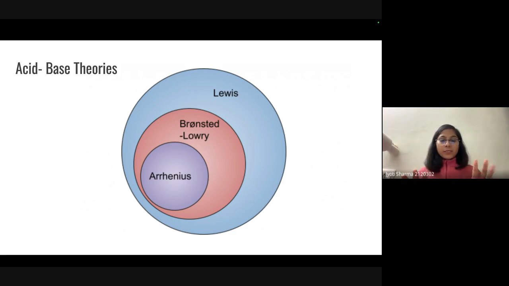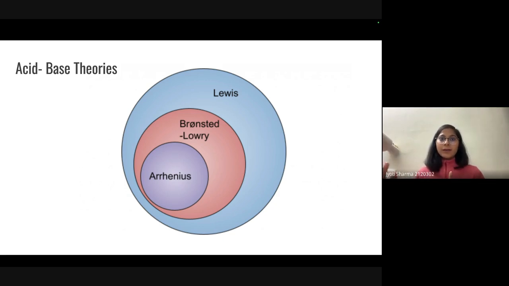So the thing is, the theory given by Arrhenius was limited to a limited number of compounds. There were some terms and conditions, and only if a compound met those conditions would it be considered an acid or base.